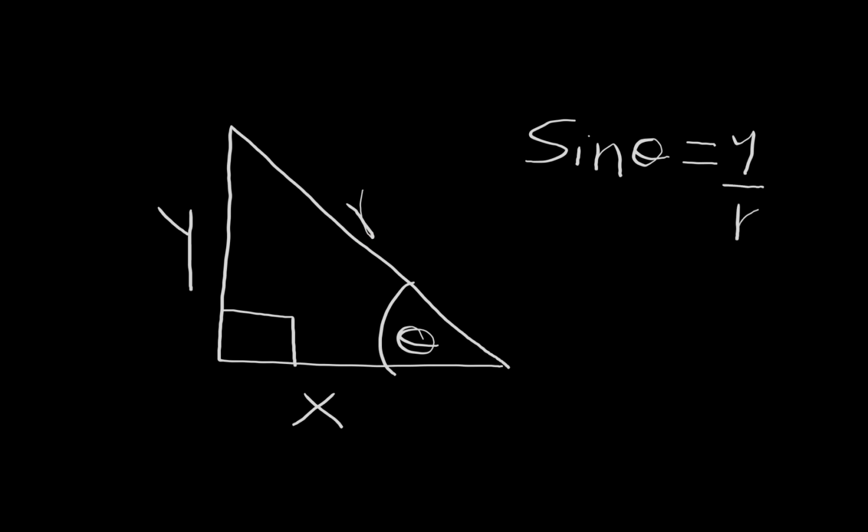We also know that cos theta is equal to adjacent divided by hypotenuse. So we have x divided by r.